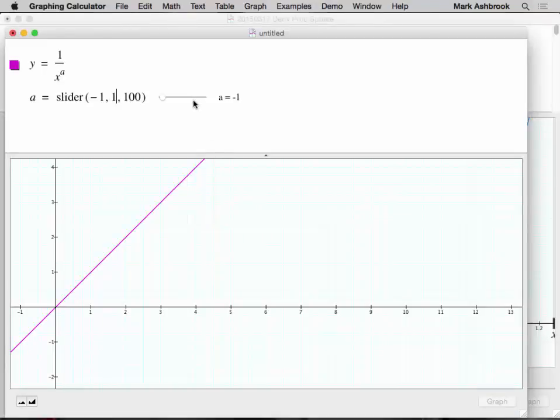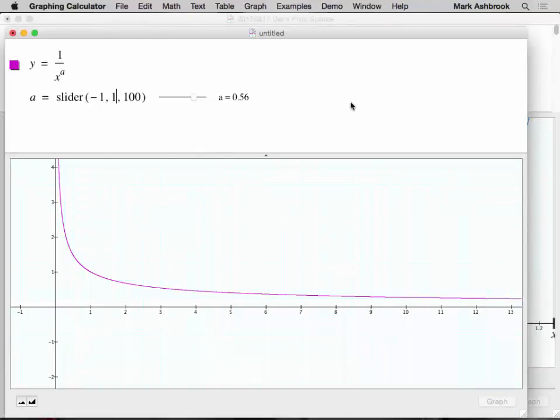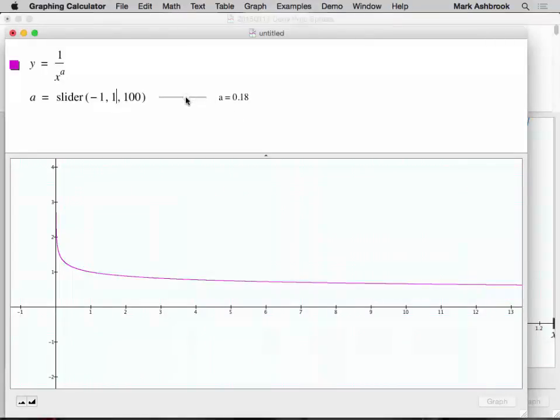So for values of r between 0 and 1, here's 0.56. It just gets there slower. Here's 0.18. Okay? So notice it's hovering really high for a long time. So it's going to take a lot longer to get to 0. But we never run out of numbers, right? We never run out of x values or n values. So we'll get there eventually.